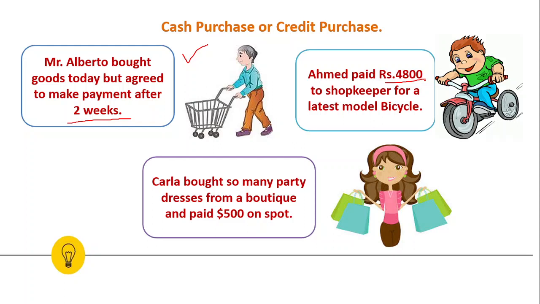The last example is where Carla bought many party dresses from a boutique and paid $500 on the spot. Again, it's a cash purchase. Carla cash purchased the dresses. So for the boutique, it would be a case of cash sales. So in these three examples, only the first was a credit purchase or credit sale, but the other two are examples of cash purchase and cash sales.